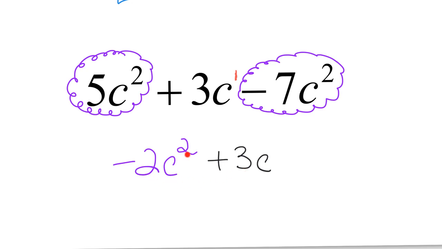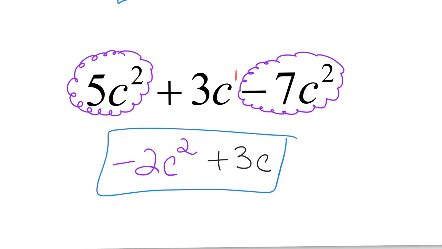The c has a square, and this c has a 1. So that's my answer. But let's check. Is it standard form? I'm going to look at the exponents, and 2 is the highest exponent in this expression. There's a 1, but the highest exponent is 2. So that is my standard form. So my answer is negative 2c squared plus 3c.